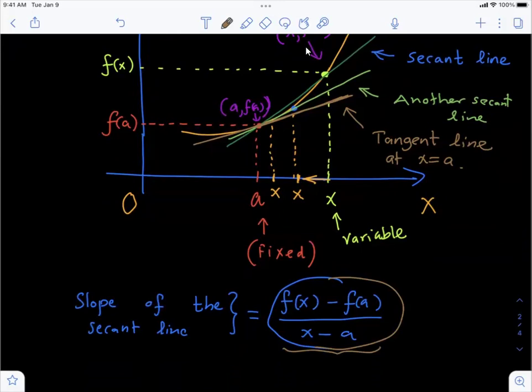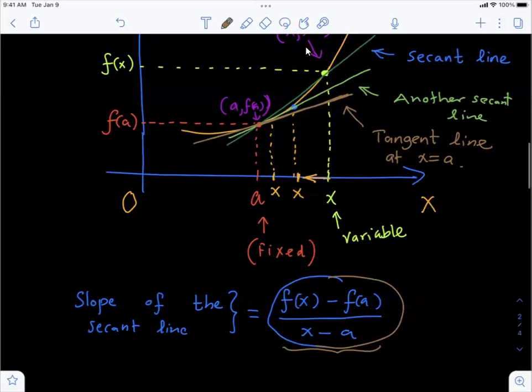So what we do is take the slope of the secant line, and when we consider the limit as x tends to a, or when the variable point tends to that fixed point, we will end up getting exactly the slope of the tangent line.